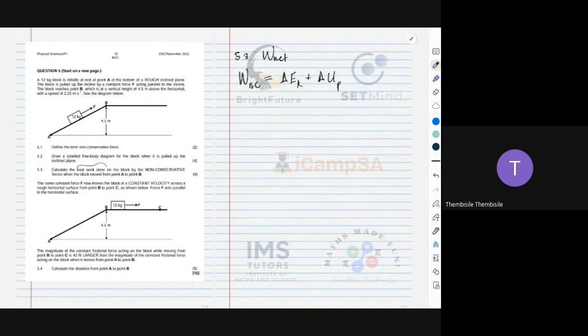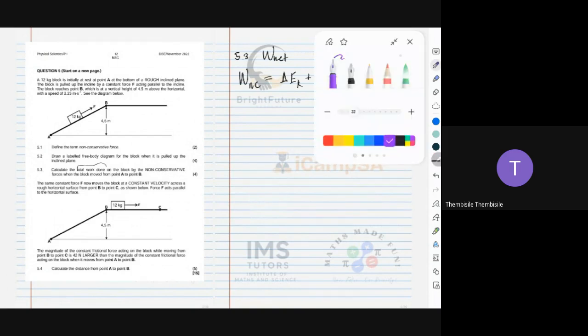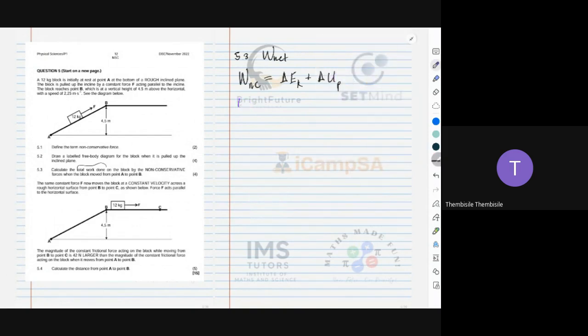So remember, kinetic energy, EK, is equal to 1 over 2 mass times velocity squared. Then potential energy is equal to mass times gravitational acceleration times height.